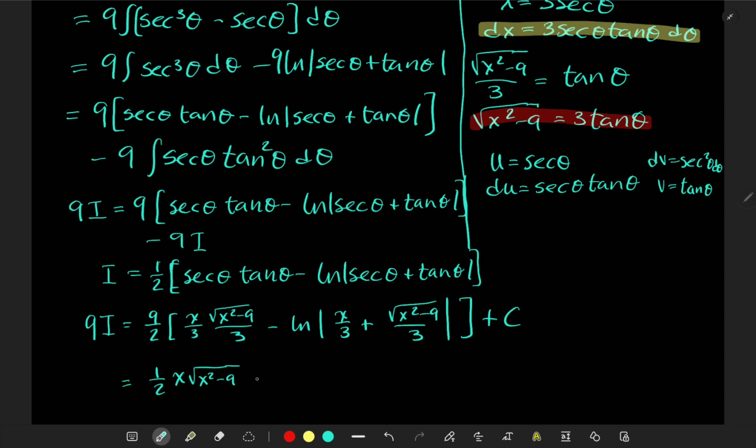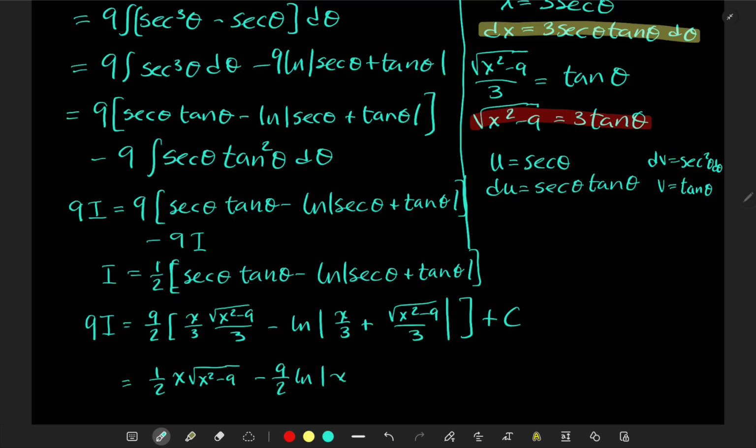And then I'm going to go ahead and move my 9/2 to this one, distribute it to this one, because this one still needs a 9/2. And then the natural log of, now I can do a common factor 1/3, sorry. So I can do a common factor 1/3, and then I can write the natural log of this term plus natural log of 1/3 by separating it, but I can then absorb that natural log of 1/3 into the c.